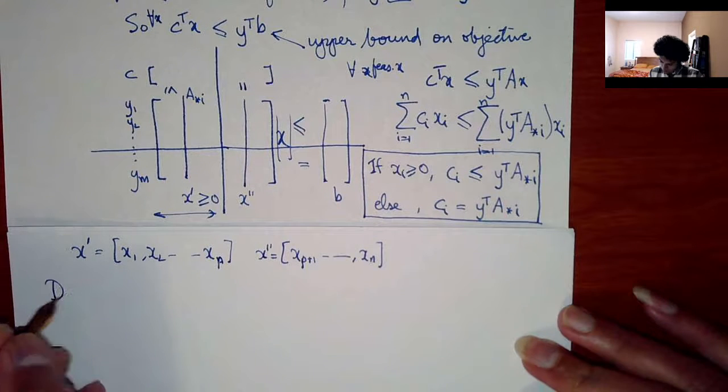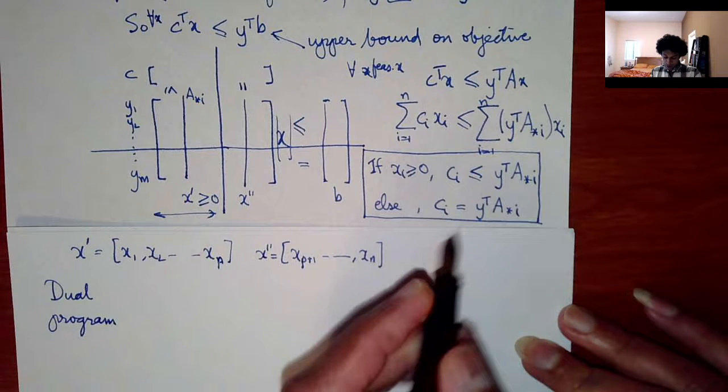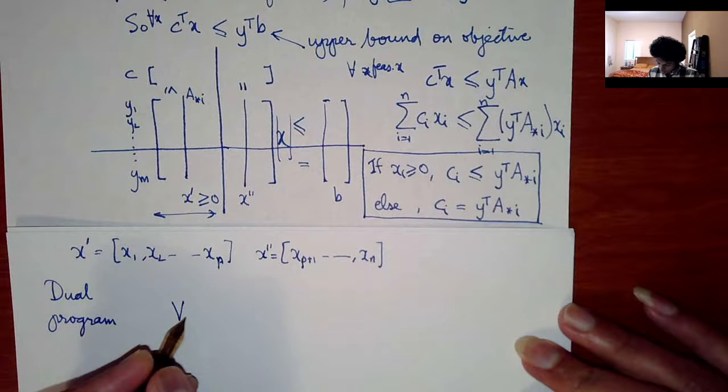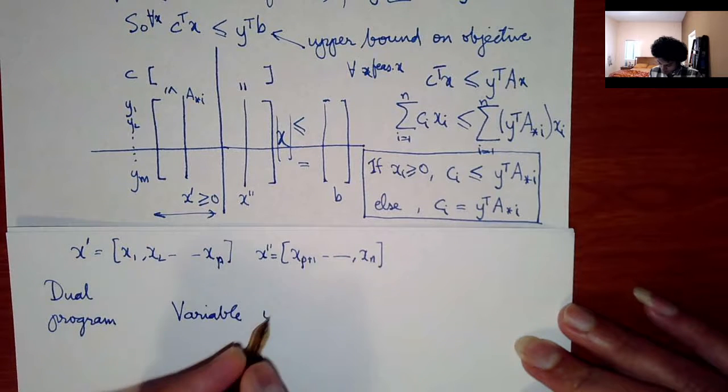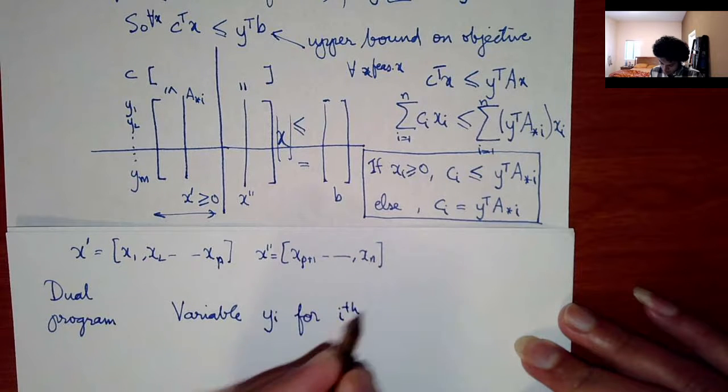So the dual program, right? You have a variable yi for the ith constraint.